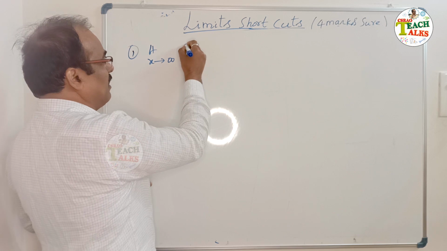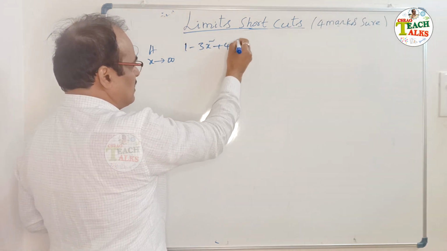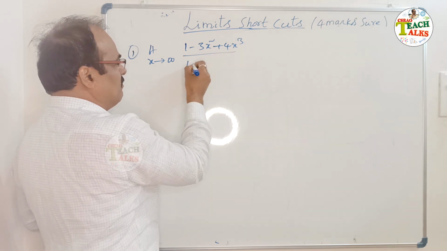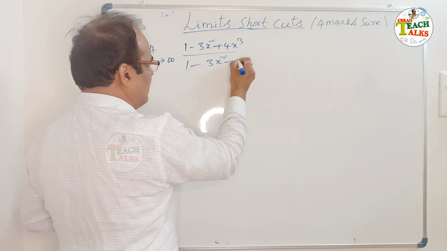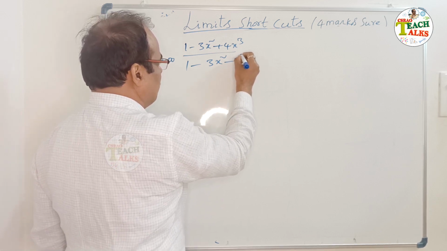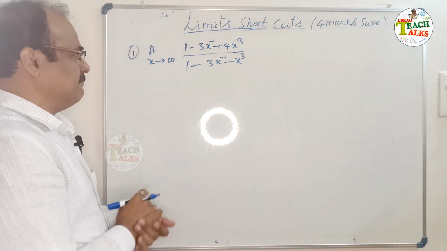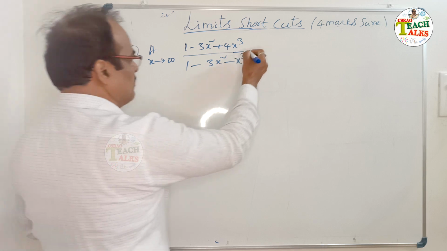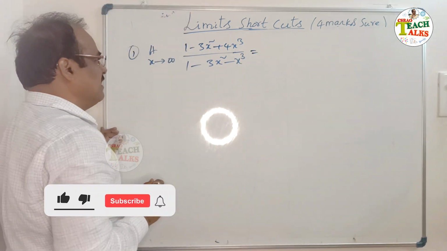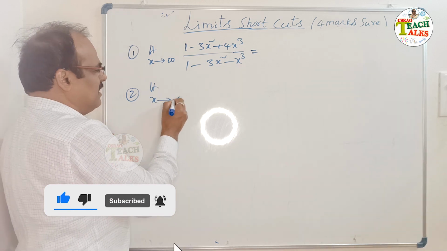Suppose we have 1 minus 3x square plus 4x cube by 1 minus 3x square minus x power 3, limit extends to infinity. How can we solve this one? I am going to teach you a very simple method. And this one also, limit extends to infinity.